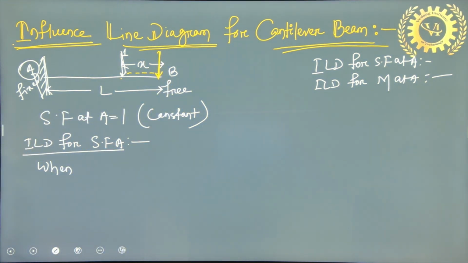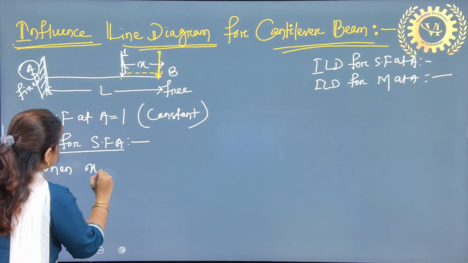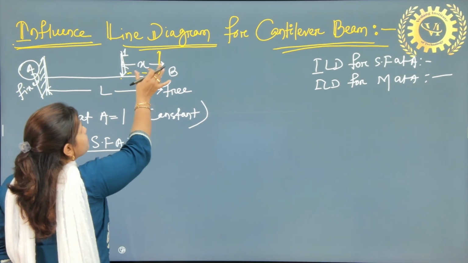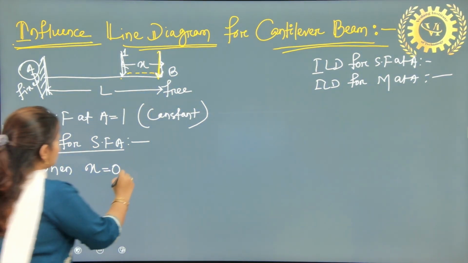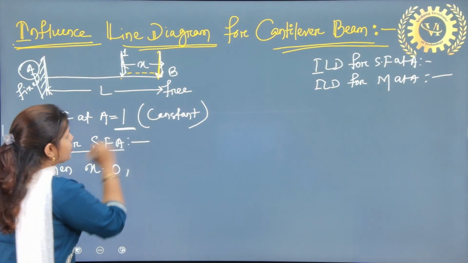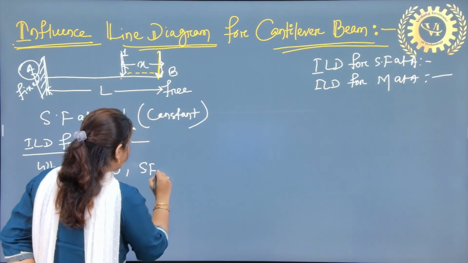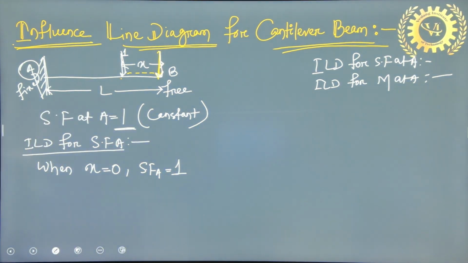So now what will change? The change will be when x equals 0. If this distance becomes 0, then the load will apply here, right? If the loading changes, this constant will not change in any position. So I can write that SF at A is still 1.